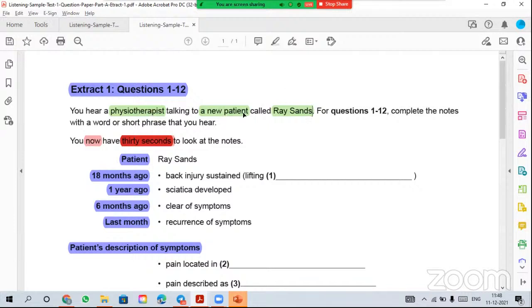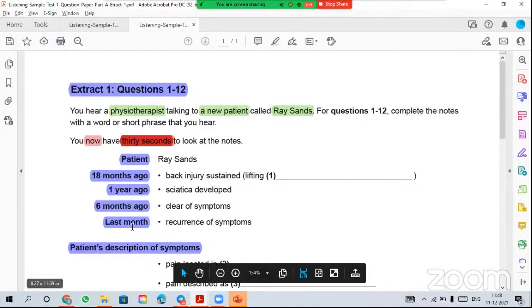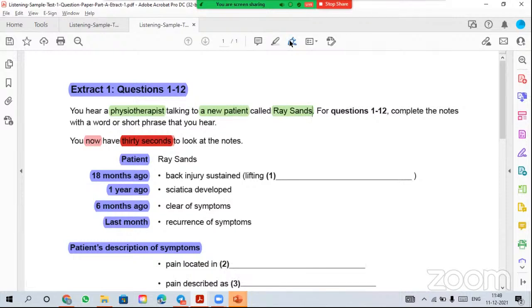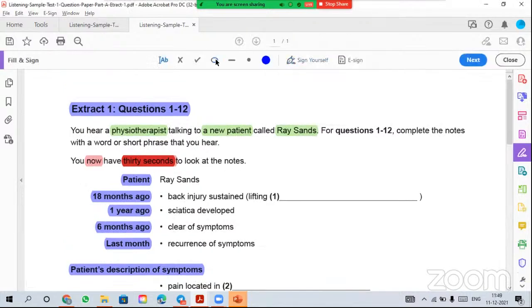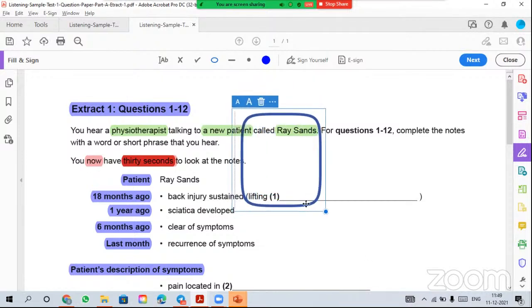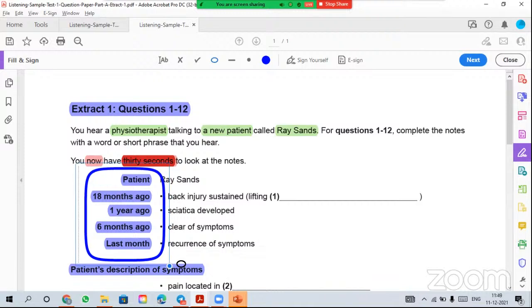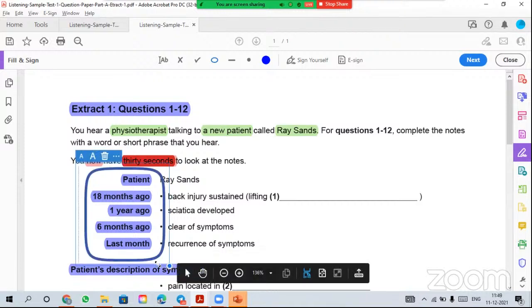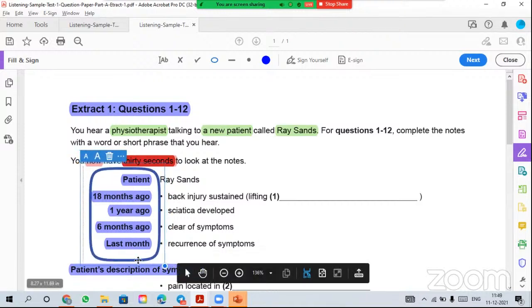So unknown case, he doesn't know the history. So definitely he will ask for the history. That is why history is here. You see, this is history, past history. So you should know that this is past history. Now I am going to separate the things here for you. That's very clear.